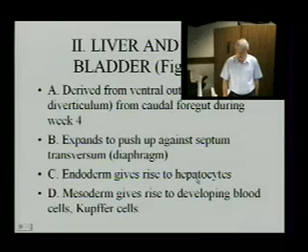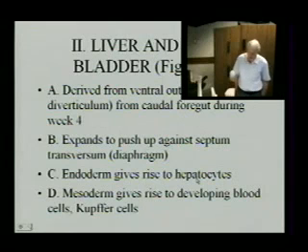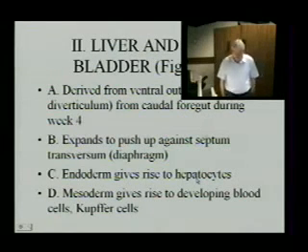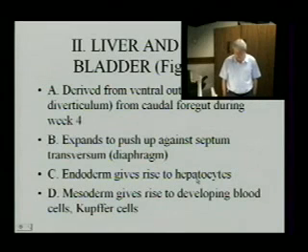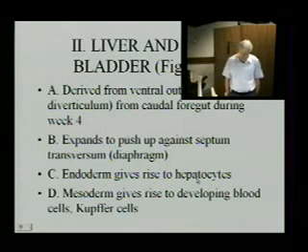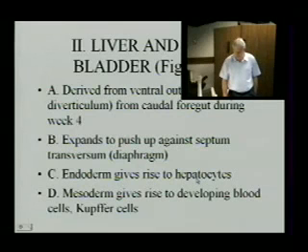Obviously, the epithelial lining of the biliary tree, all the small structures that we'll see inside the liver, and the bile duct and the cystic duct and the gallbladder, the epithelial lining originates from endoderm as well.